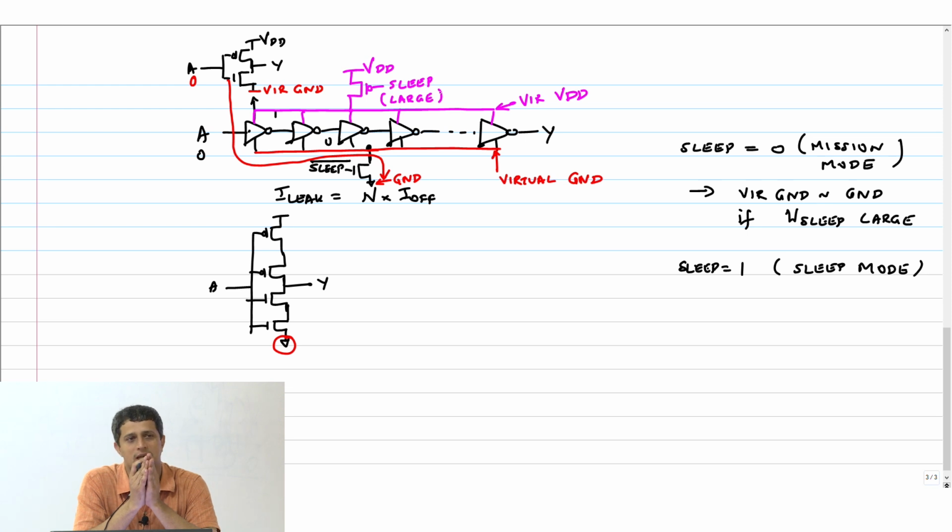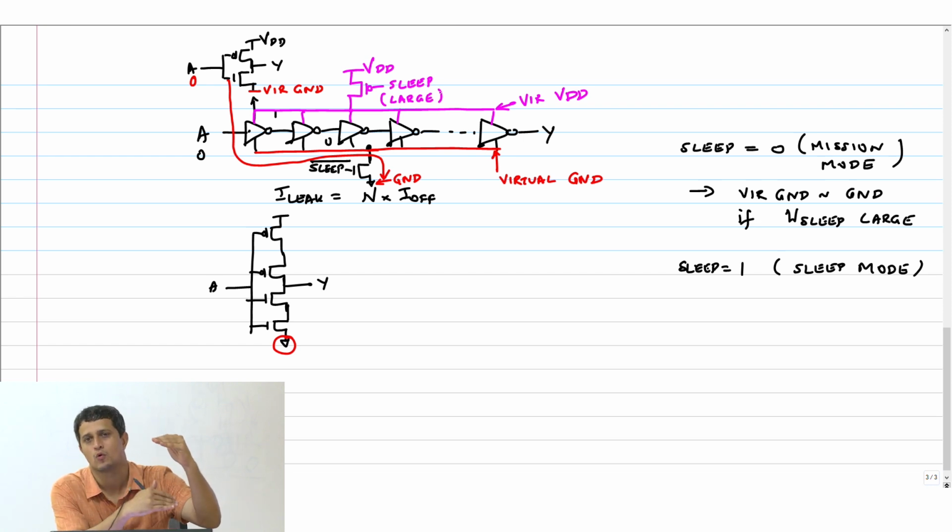So this stacking effect. The idea is very simple. You make your logic circuit as you want. You don't worry about leakage at that point, right? You can put NAND gates, OR gates, everything. Then you get a circuit where you're connected between VDD and ground.